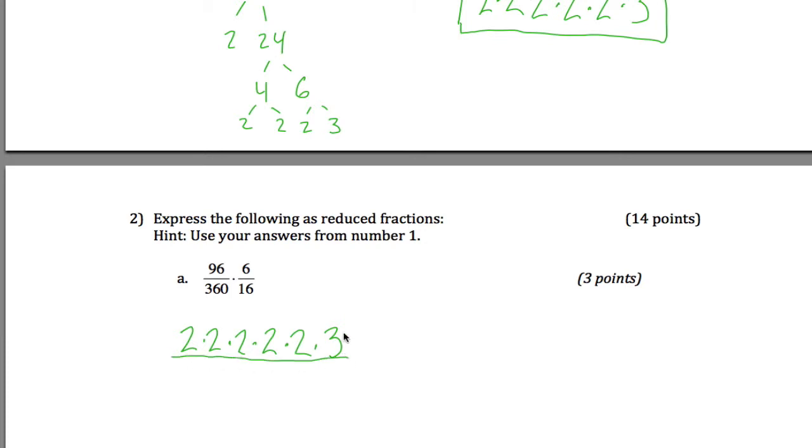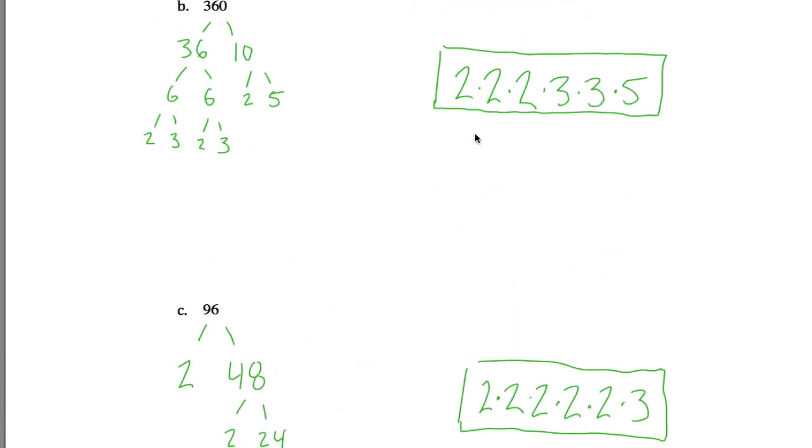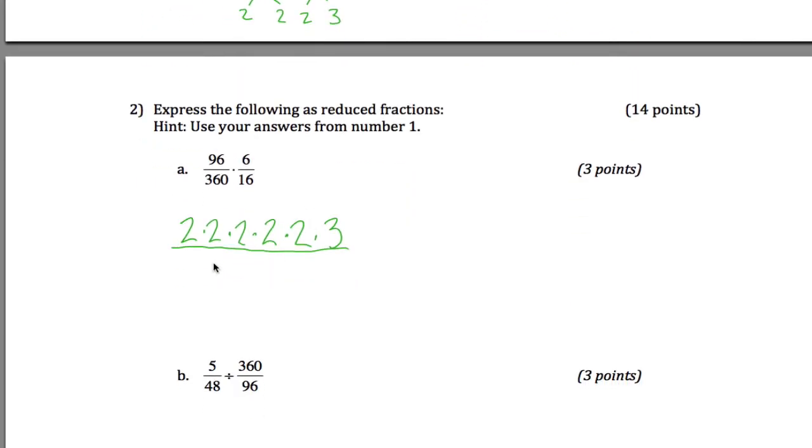And then 360, we got up here is 3 2's, 2 3's, and a 5. And what we want to do is multiply that by 6, which is 2 times 3, and 16, which is 2 times 2 times 2 times 2.